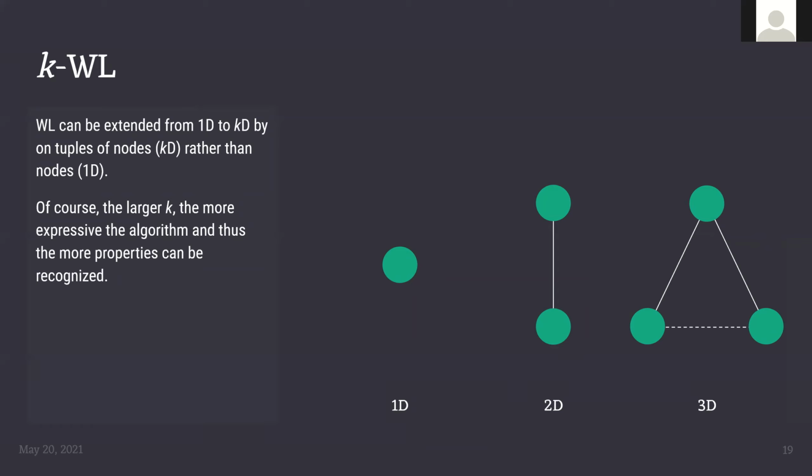But the true improvement comes from three upwards, because as you can see here, if I look at three nodes at the same time, then I am more aware of what is going on. That is, I know who my neighbors are, but I also know, for example, if they are connected to one another. That is, I can start to recognize the presence of structures such as a triangle in the graph.